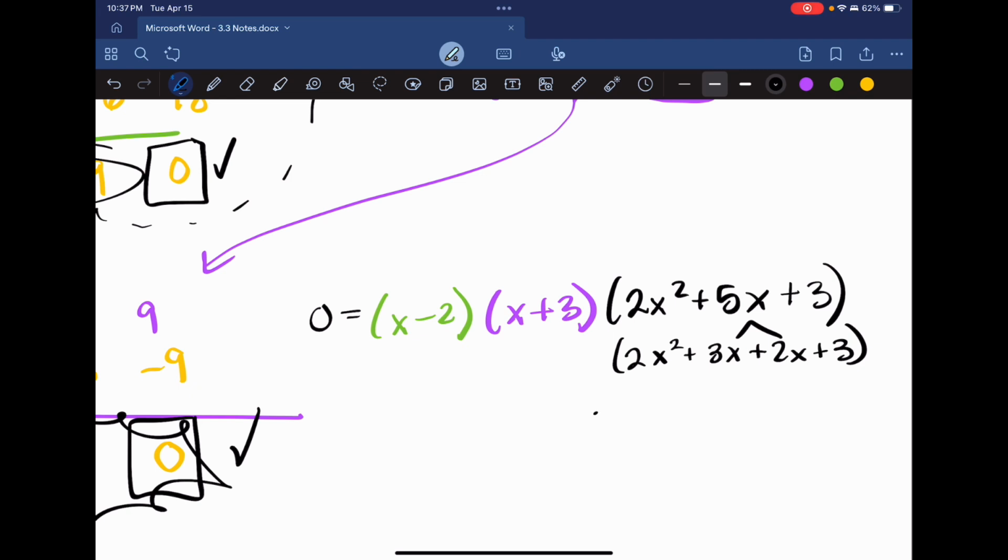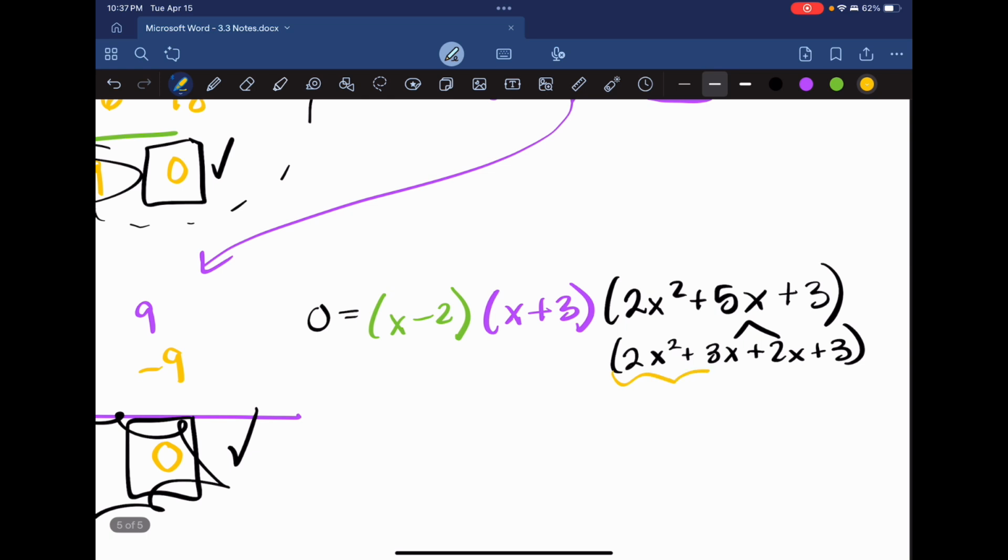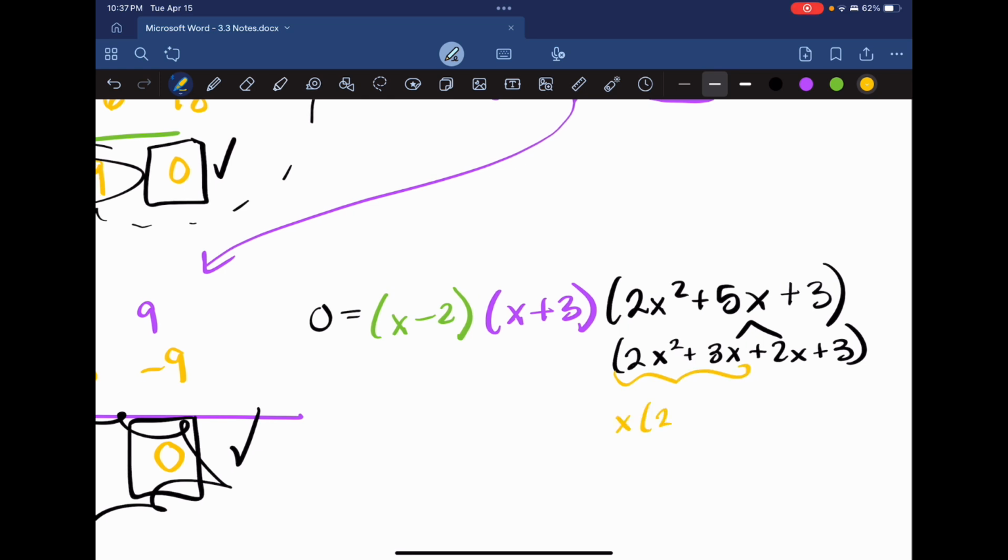And now let's factor. In my first term here, we take out an x. I'm left with 2x plus 3. The next one, I can't really take out anything. All I can take out is a 1. So I'm left with 2x plus 3. So to simplify, I've got x plus 1, 2x plus 3. I bring down the other two binomials that I found already.